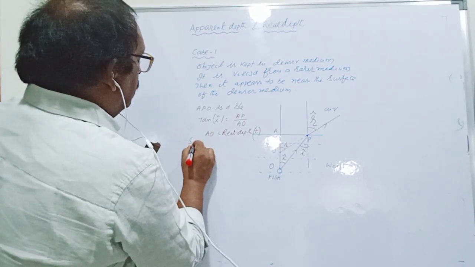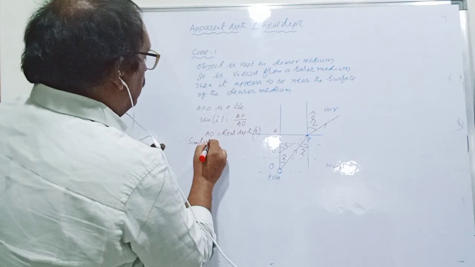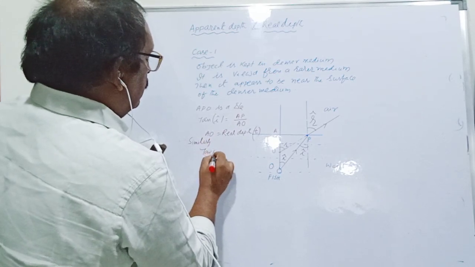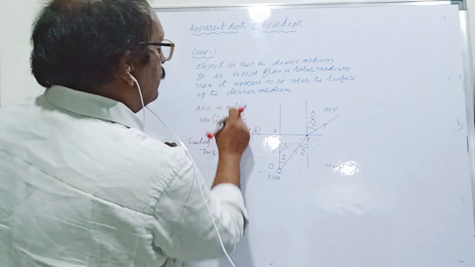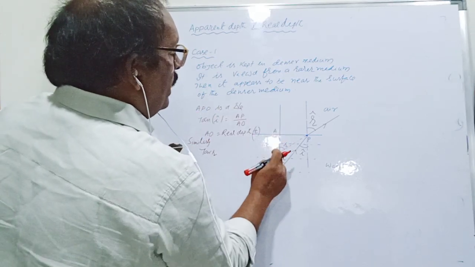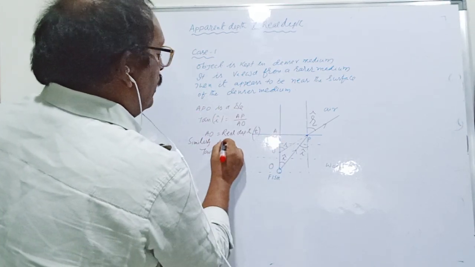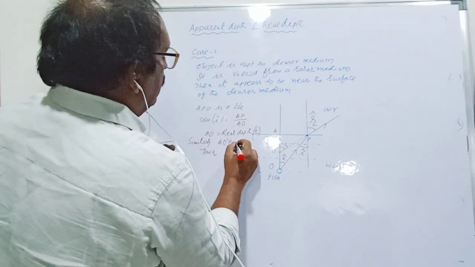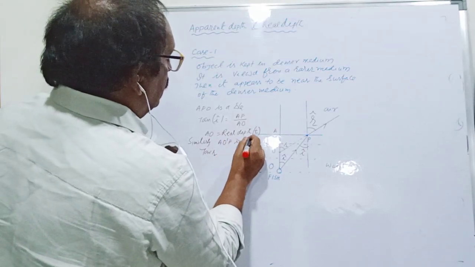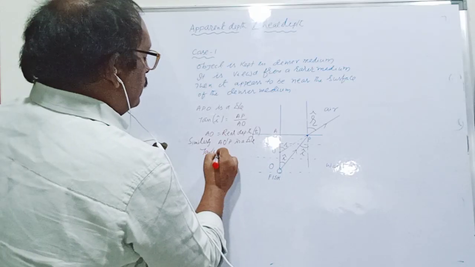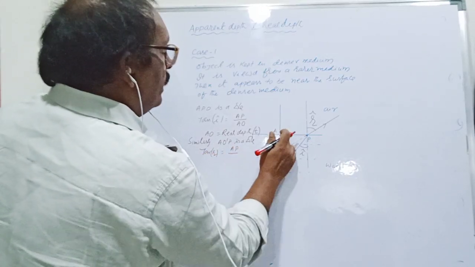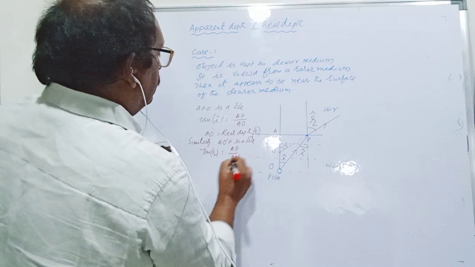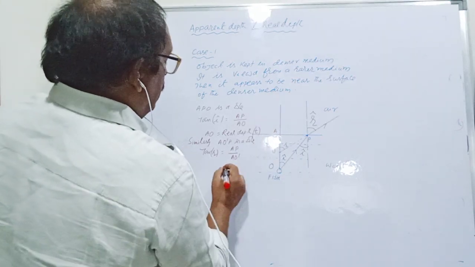Similarly, tan R is equal to, from which triangle? AO prime P is a right angle triangle. Tan R equals AP by AO prime.